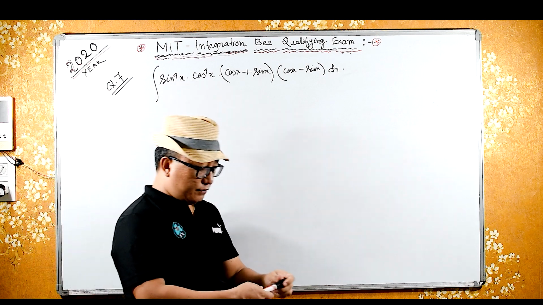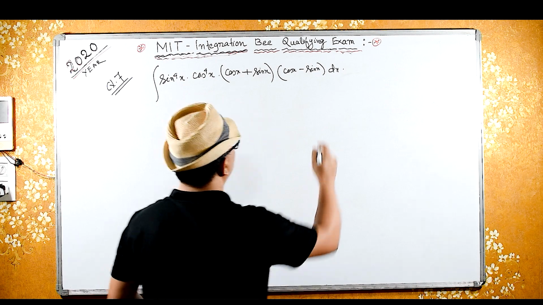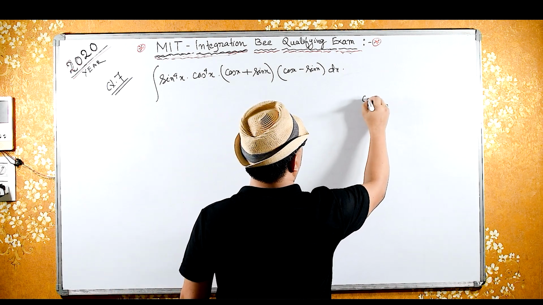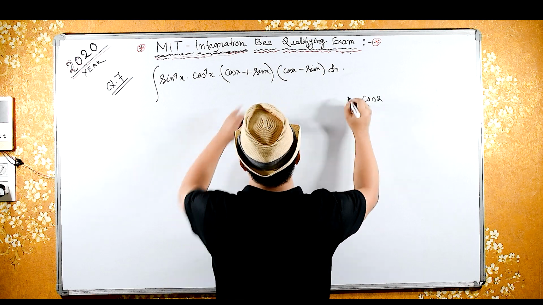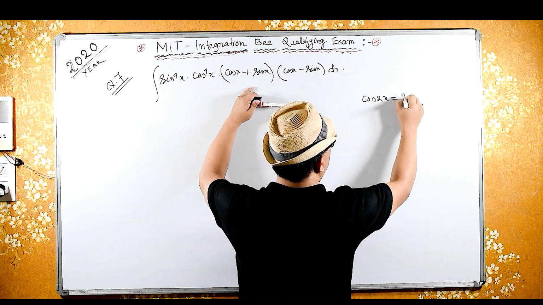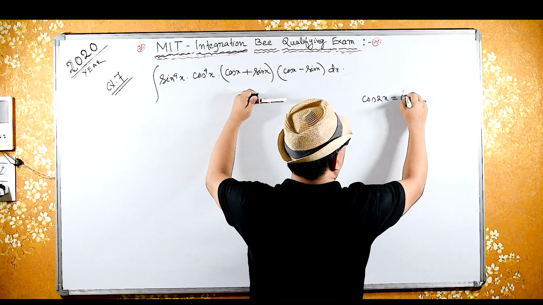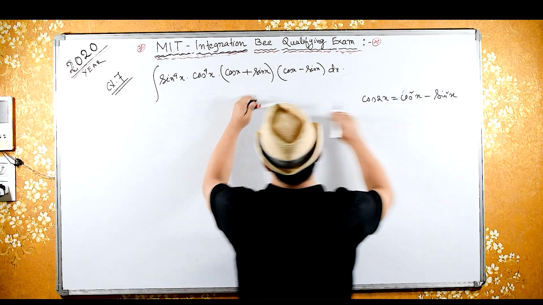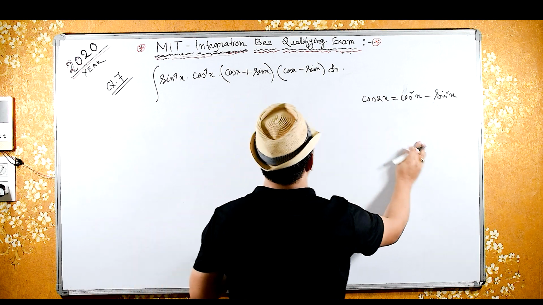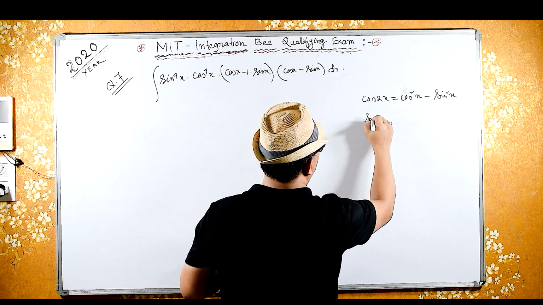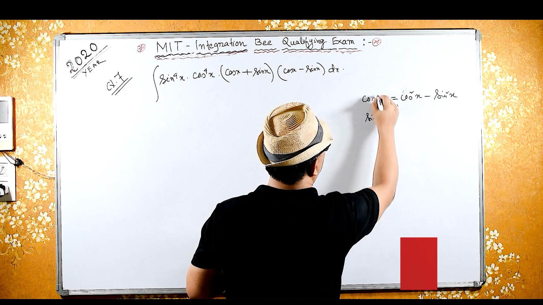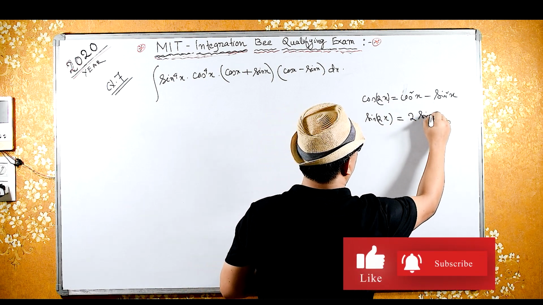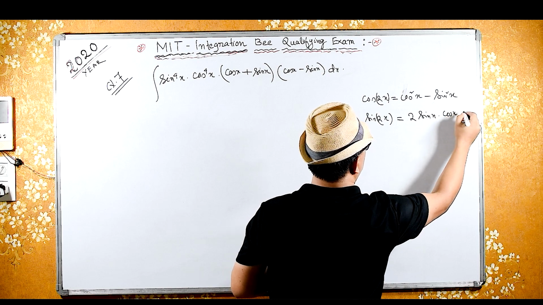Before applying this, you should know some trigonometric formulas. Cos of 2x is equal to cos square x minus sin square x. It is going to be used over here, okay. Similarly, sine of 2x is equal to 2 sine of x into cos of x.